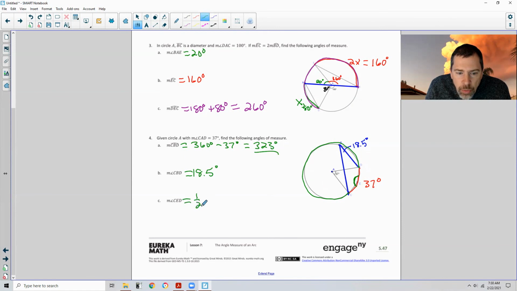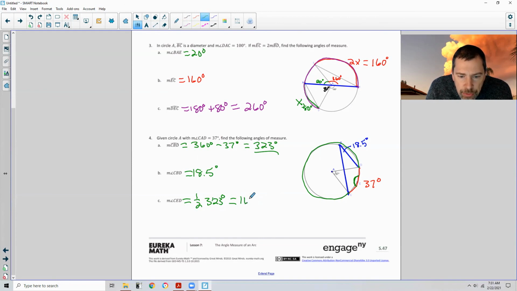So that equals 1/2 of 323 degrees. 2 goes into 3 once, the remainder of 1. 2 goes into 12 6 times.